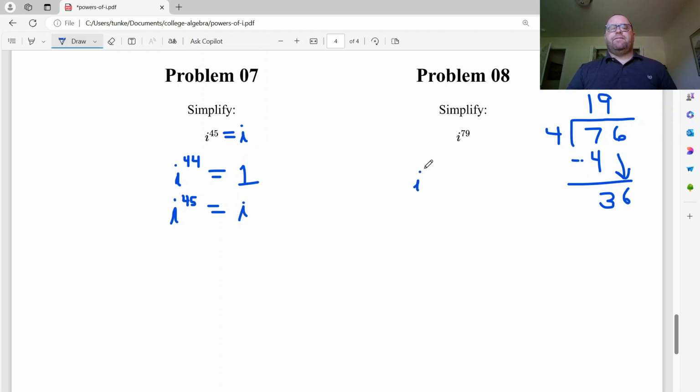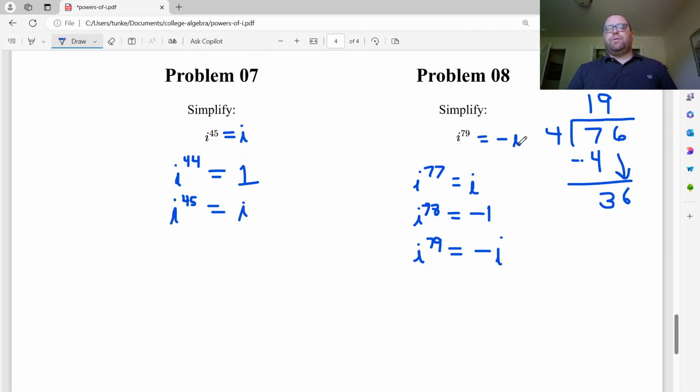So i to the 77th is going to be equal to i. i to the 78th is going to be equal to negative 1. And then i to the 79th power is going to equal negative i. So this is equal to negative i.